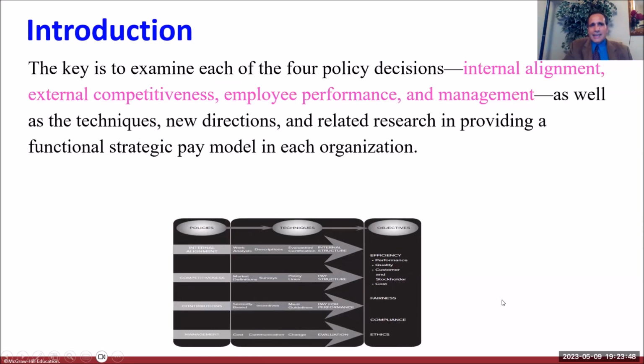And then the key is to examine the 4 policy decisions that are based on internal alignment, competitiveness, employees' contributions to the company and overall performance, and then the administration or the management of it. If we're looking at things from these 4 policy perspectives, hopefully the policy will be in alignment with the strategy of the company to achieve the mission, the vision, and good recruitment and retention of the employees.